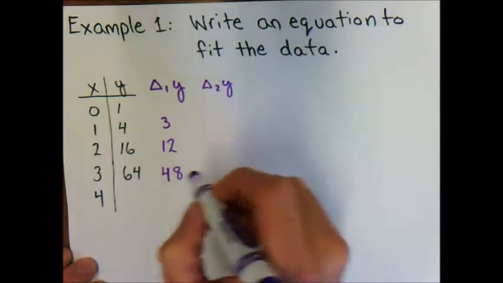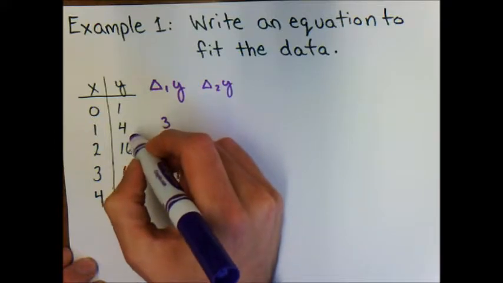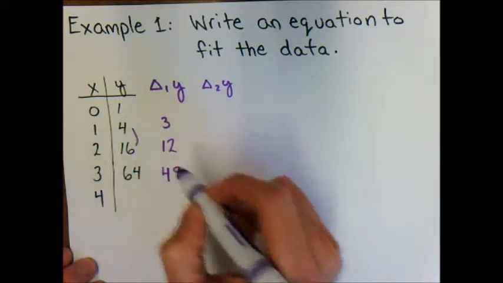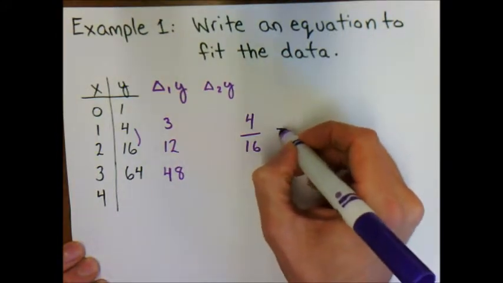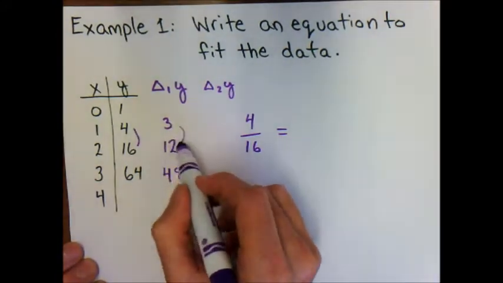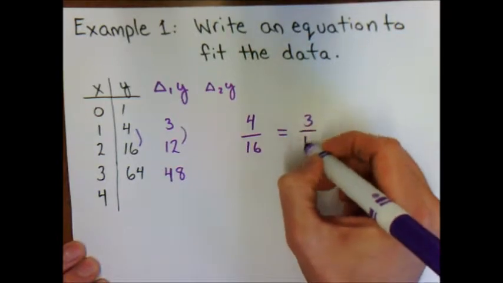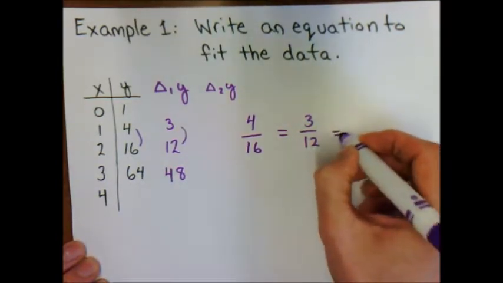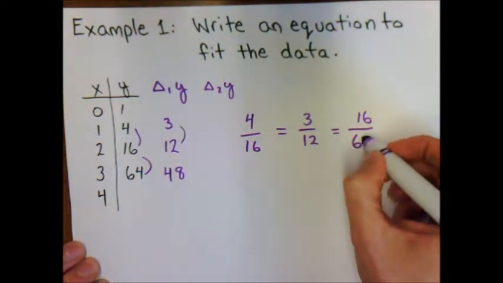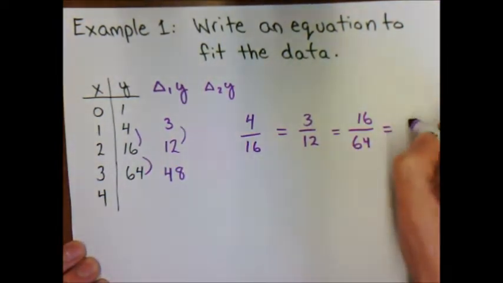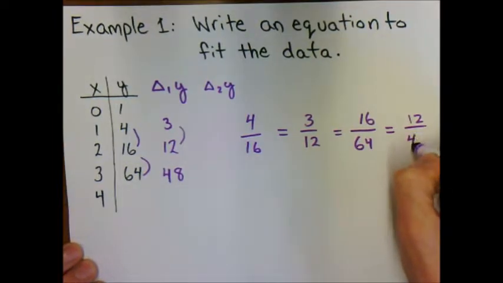And I can show you what that means. If I take the ratio between, let's say, 4 and 16, well, it turns out that that's the same as the ratio between 3 and 12. It's also the same as the ratio between 16 and 64 and between 12 and 48.